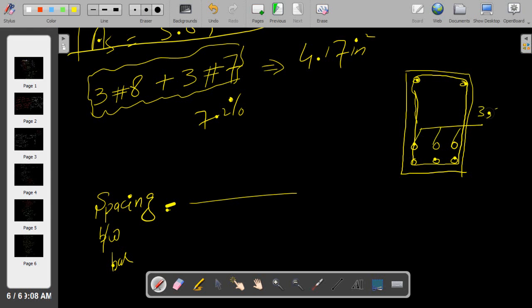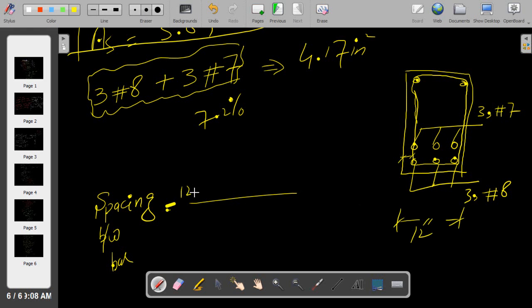So we are using 3 number 8 bar, 1.5 inch clear side cover on both sides, and number 3 stirrup. So for the final spacing between bars, the width of the beam is 12 inches.